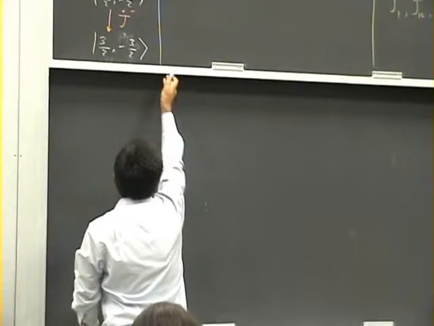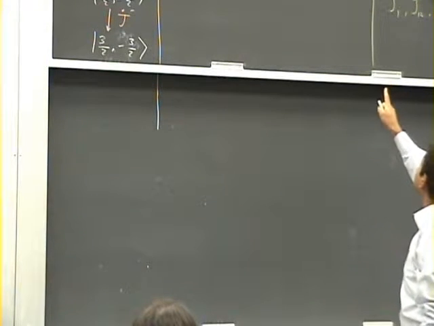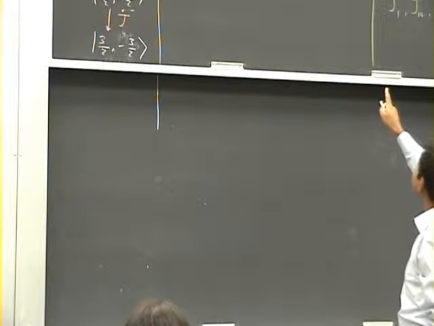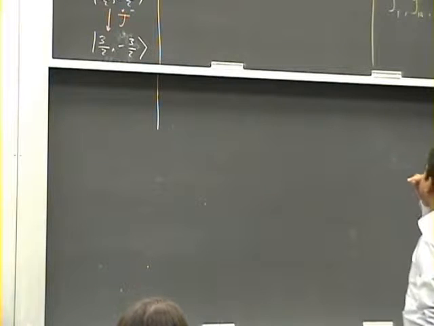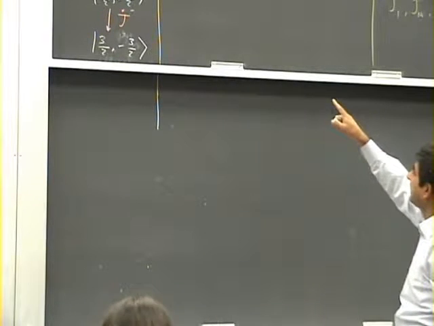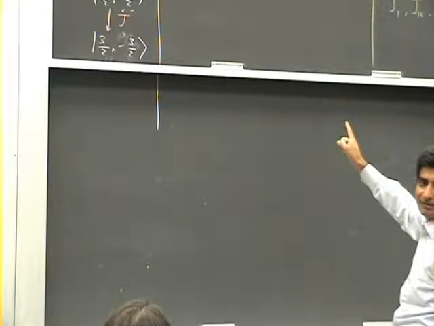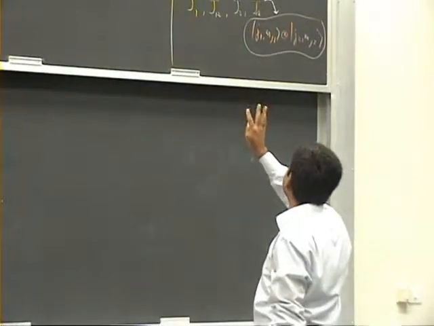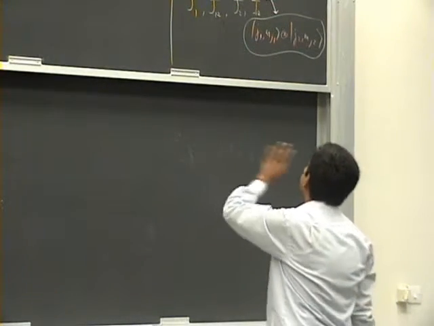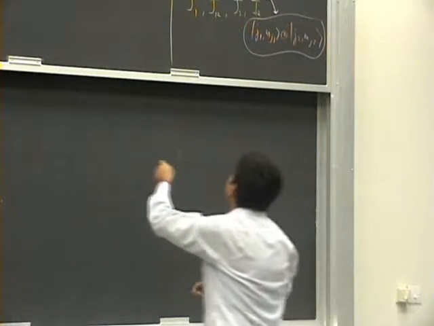The total dimensionality of this Hilbert space is 6 because J1 is 3 by 2 and J2 is half, so J can have 2 values, which are 3 by 2 and half.